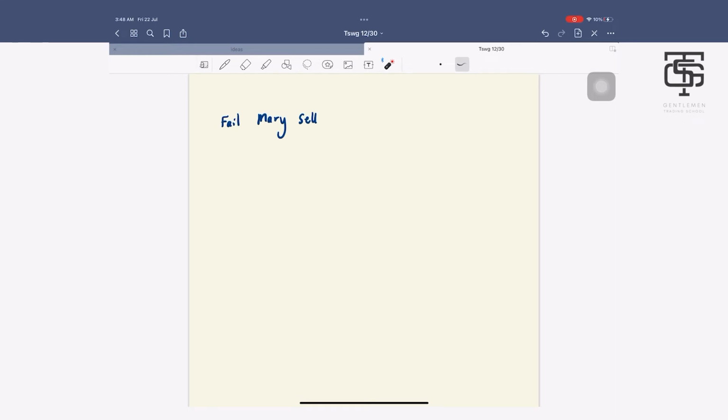What do we have over here? When we have fail marry sell, we need to make sure that we are pairing it with a marry buy. So today I will be showing you live how we are supposed to be looking for the zones. Next, let's start drawing fail marry sell.